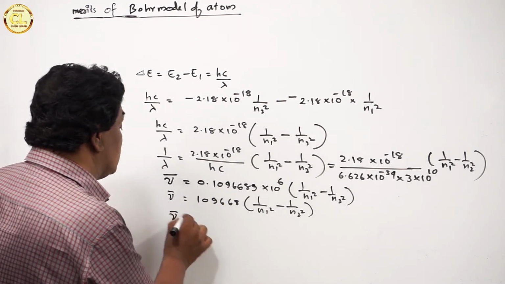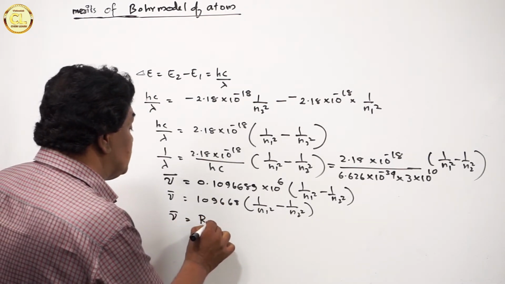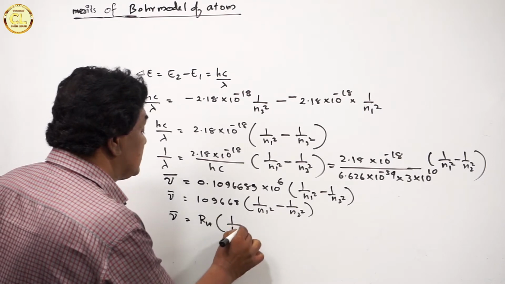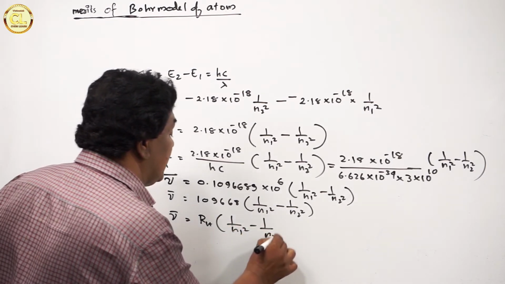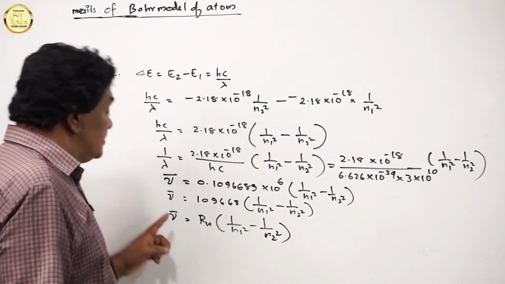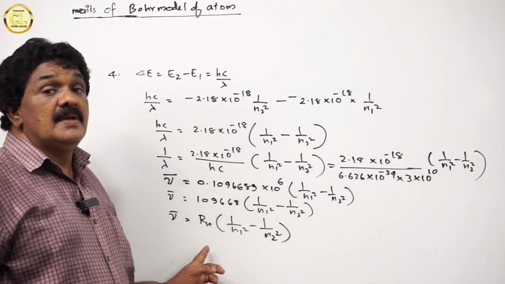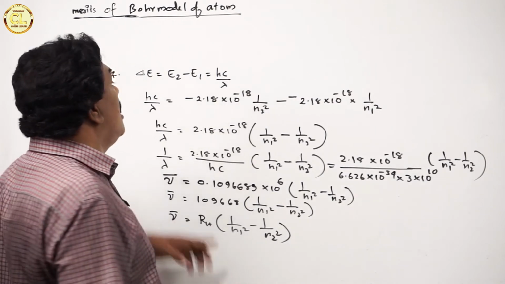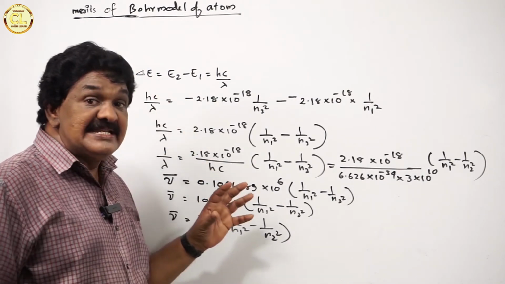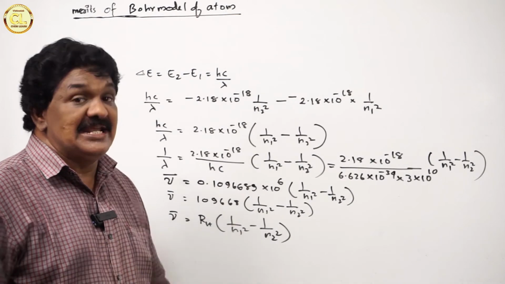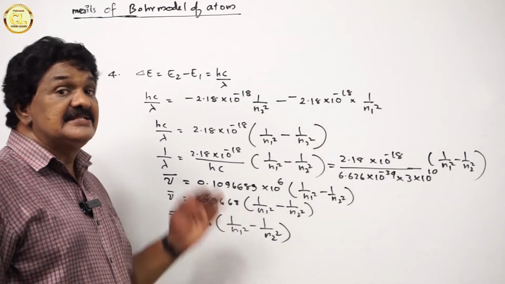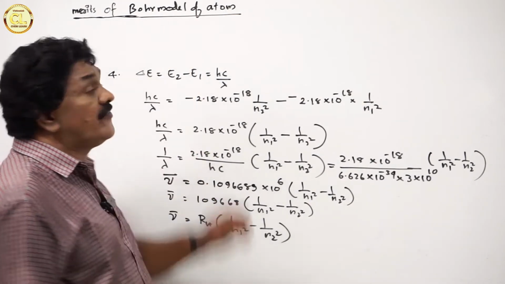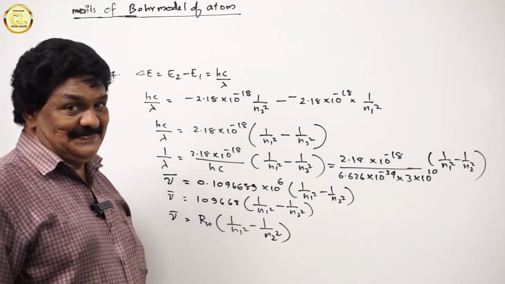So nu bar is equal to RH into 1 by n1 square minus 1 by n2 square. This is the same as the Rydberg relationship. Therefore, Bohr model of atom is in agreement with the Rydberg relationship. That is one of the important merits of Bohr model of atom.